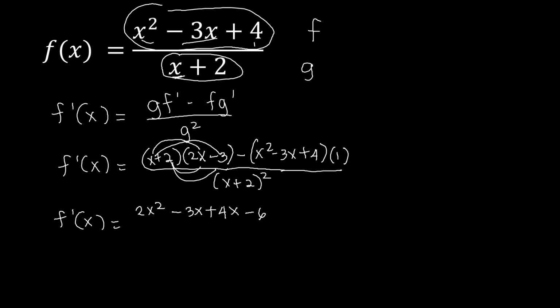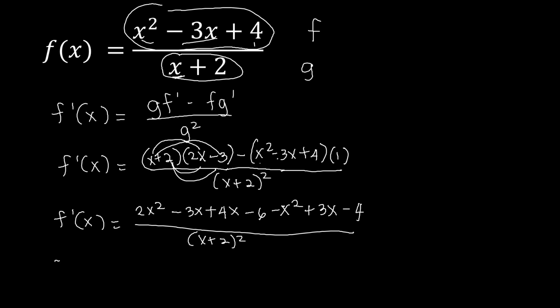So what we're doing now is distributing the negative inside. From positive x squared, that will be minus x squared. From minus 3x, that will become plus 3x. From plus 4, that becomes minus 4 over our x plus 2 squared.